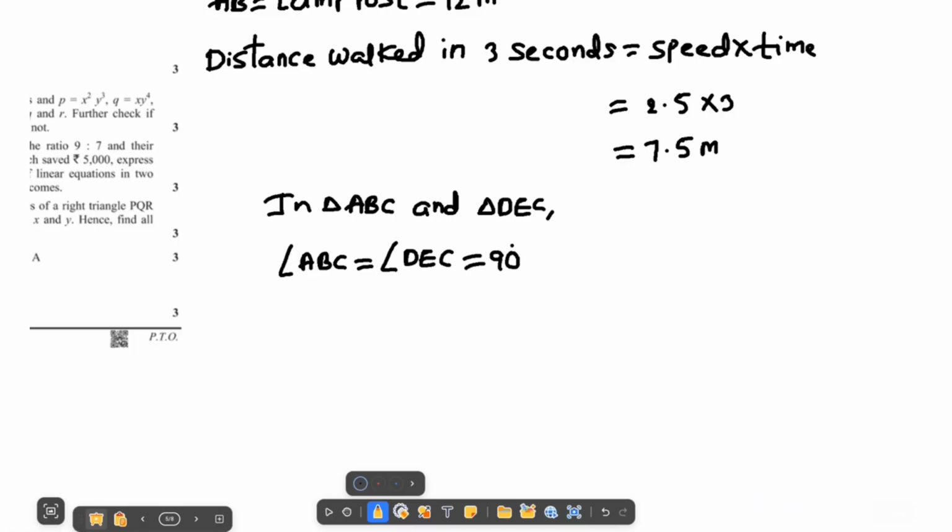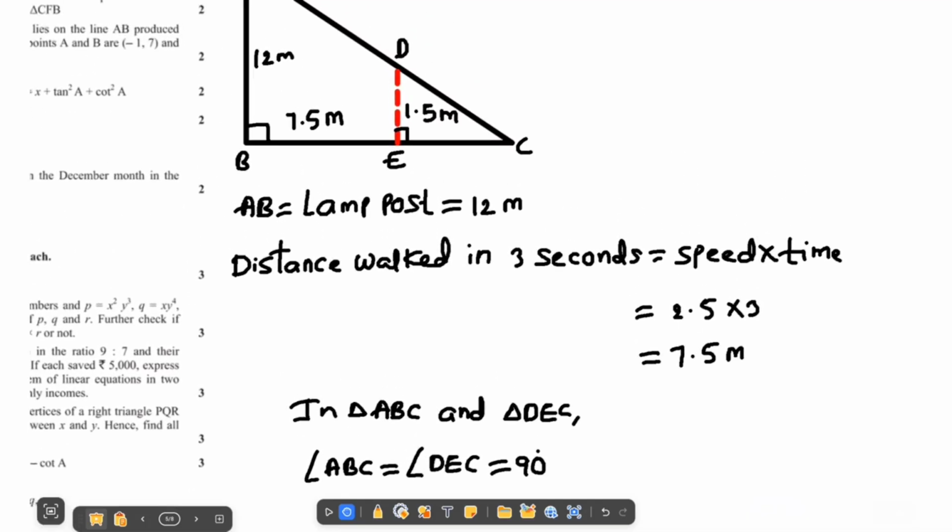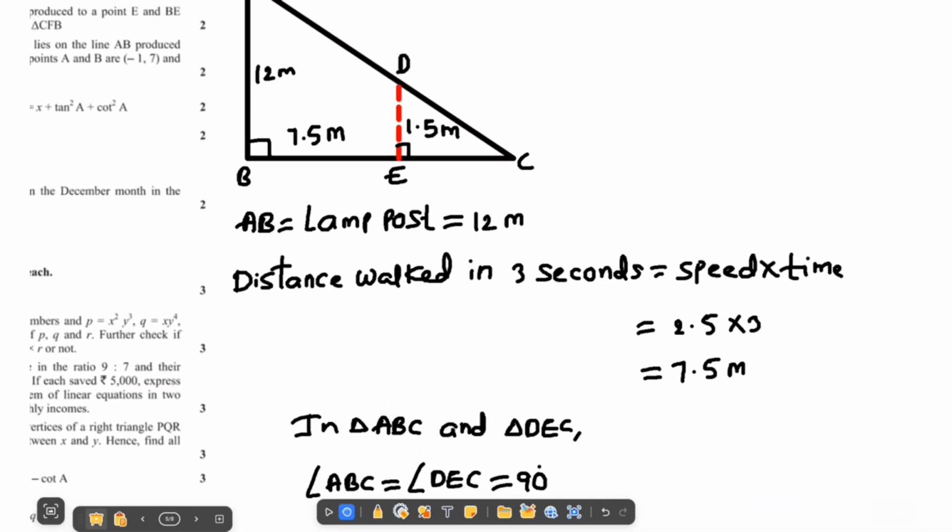Both lamppost and the boy are standing on the ground. So therefore, both are equal to 90 degrees. Angle B and angle E, both are equal to 90 degrees.